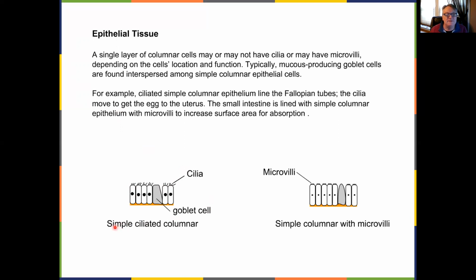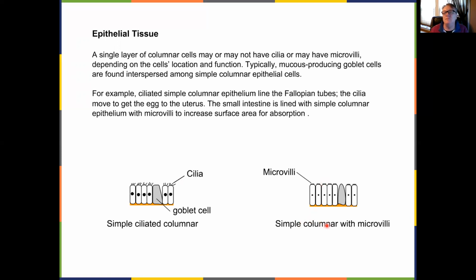Now, we have simple ciliated columnar. We also have simple columnar with microvilli. The microvilli are very, very small hills and valleys that I showed you in the previous lecture of how we increase surface area in the small intestine.